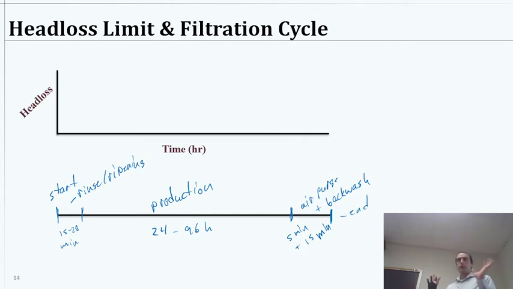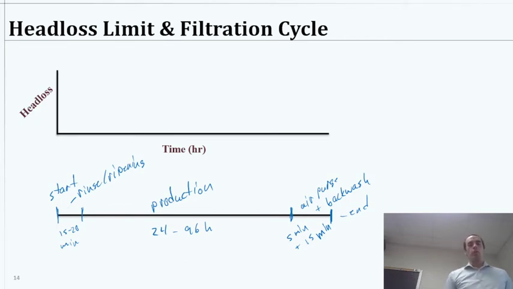So in total then, our operation consists of a lot of production time and a little bit of downtime. And one thing to note here is that in that downtime, we are using clean water to do our backwashing, right? We don't want to use dirty water to try to clean out all the dirt. In a sense, it might make a little bit of sense, but then we're also filling up our lines that should be clean water with dirty, contaminated water.